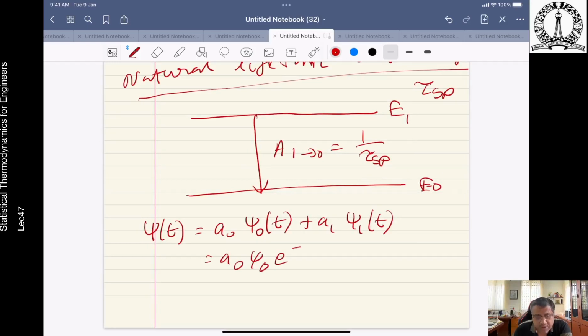So this is now given by writing it in terms of the time independent portion of the wave function, where a0 and a1 are simply constants.